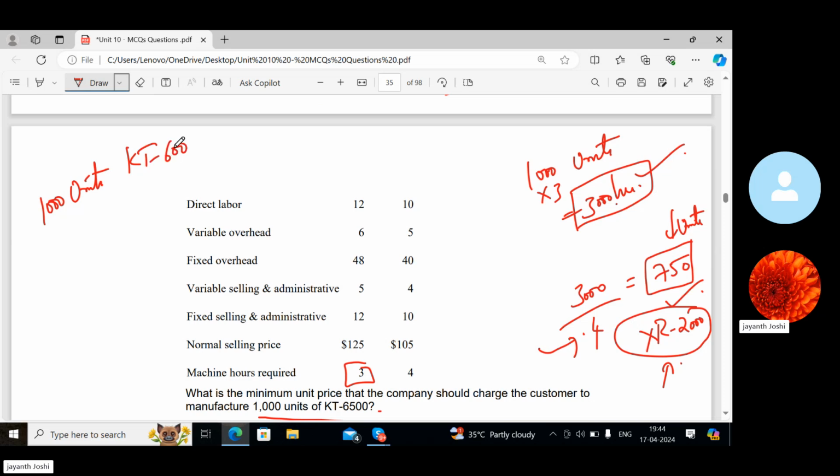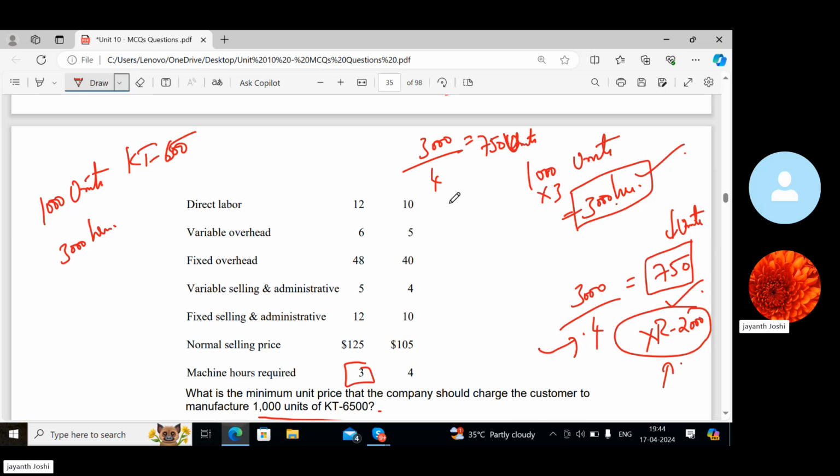For that, they are taking around 3000 hours. So in the same 3000 hours, how many units of XR 2000 will they make? 750 units. Correct?